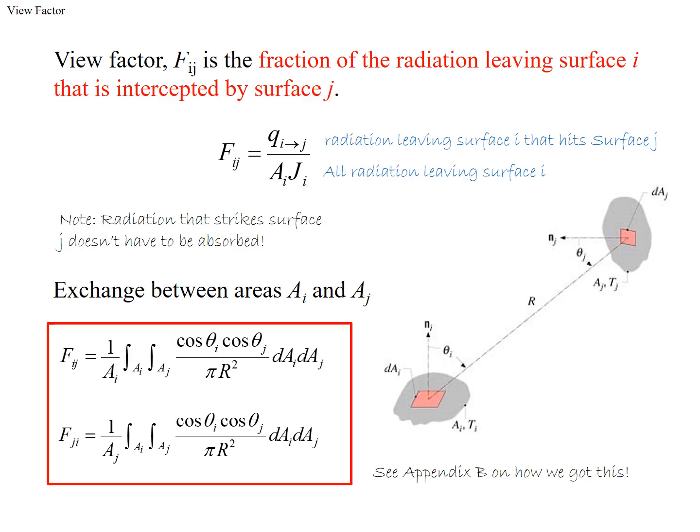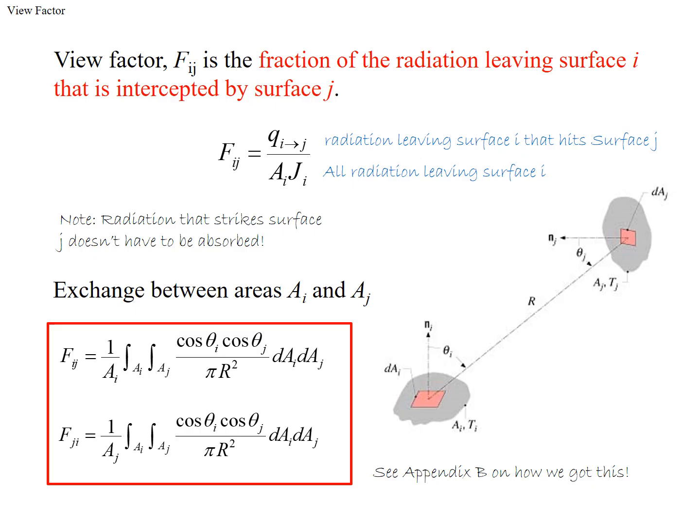When we want to talk about the view factor, we define it as the fraction of the radiation leaving surface i that is intercepted by surface j. So take a look at surface i. It will be emitting radiation in all the different directions. Some of that will be intercepted by surface j, and the rest of it will be intercepted by other surfaces surrounding surface i. j is not the only surface surrounding surface i.